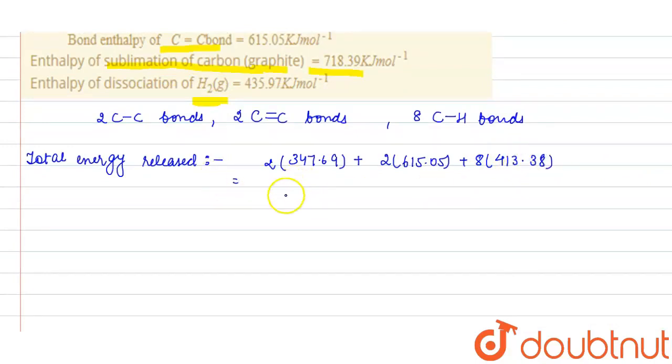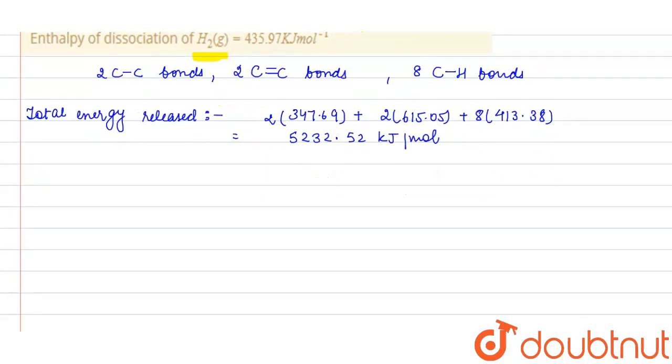By adding all these enthalpies, you will get 5232.52 kilojoule per mole. This is the amount of energy released for the gaseous atoms.